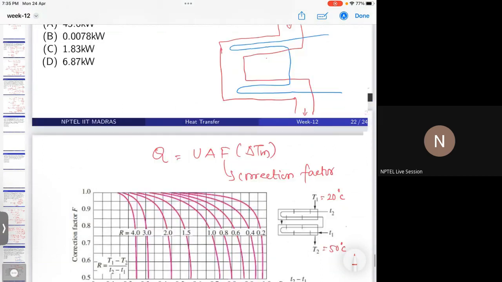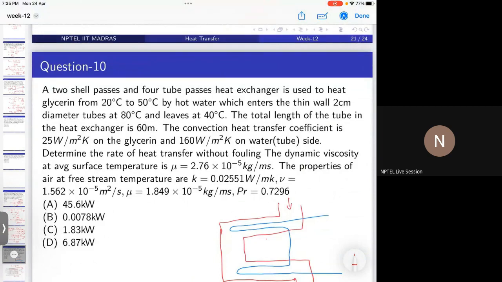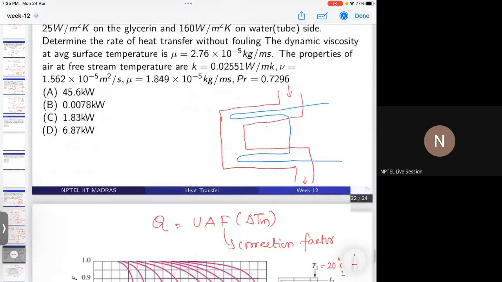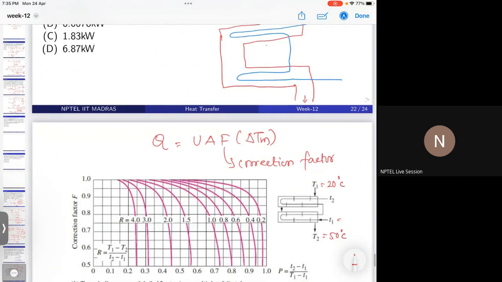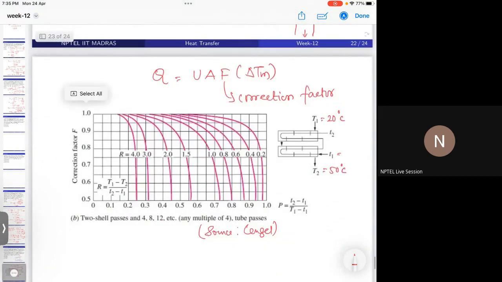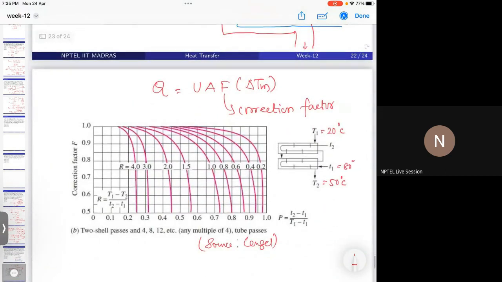This is the shell side. And the tube side is 80 degrees, the entering point, and leaving with 40 degrees.